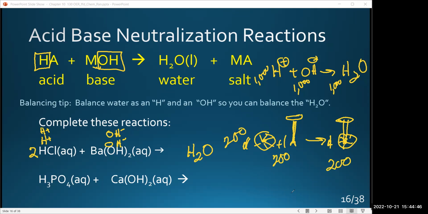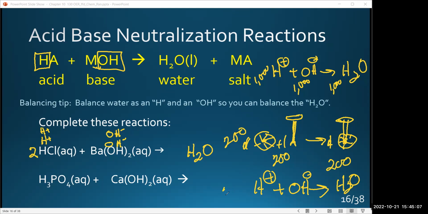Which is no different than if I replace that tire with a proton, and I replace that frame with a hydroxide, and I assemble those two to give me the assembled water molecule. Isn't that the same scenario?